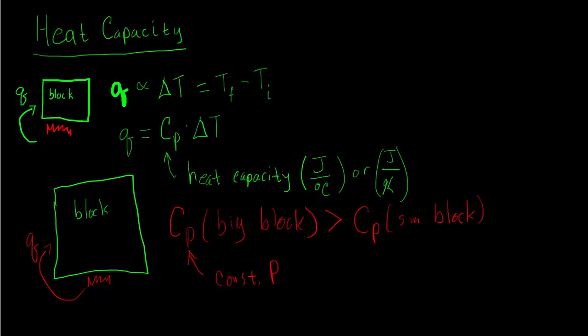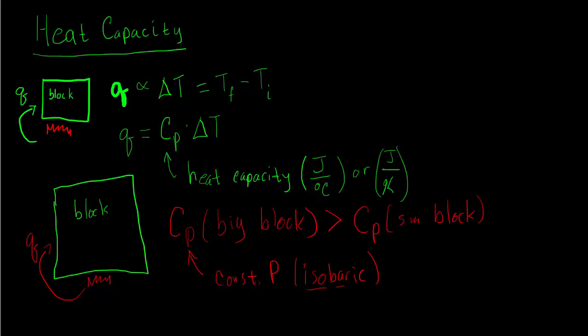So the C sub P here is reminding us that this is a constant pressure process. By the way, the technical scientific term for a constant pressure process is isobaric. So iso means same and bar for pressure. So constant pressure process, isobaric. So that's what this C sub P means.